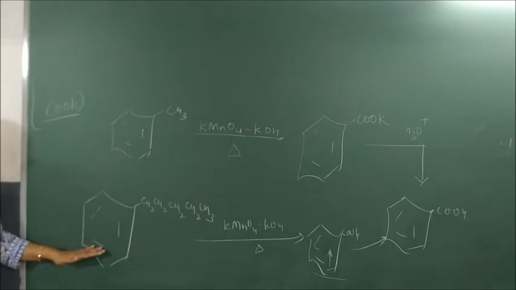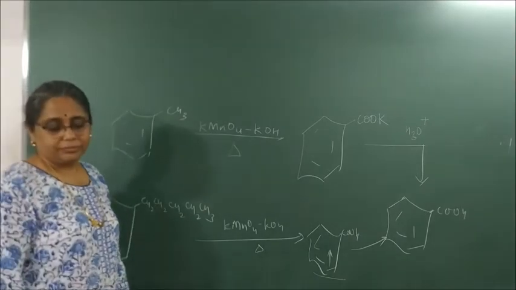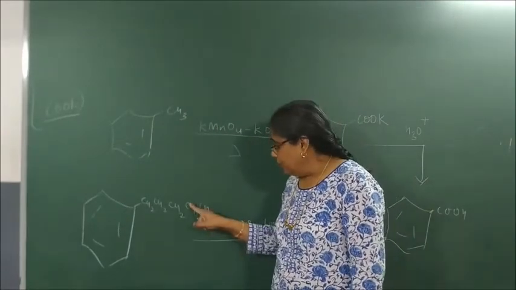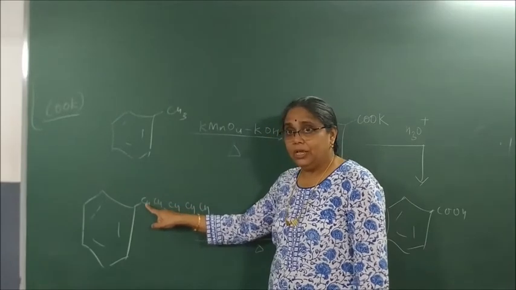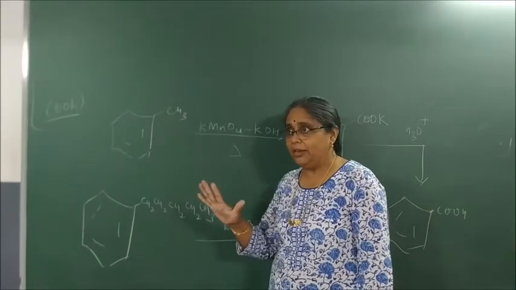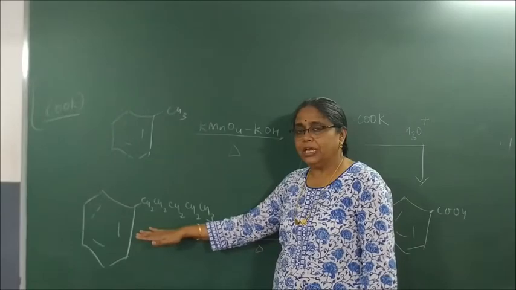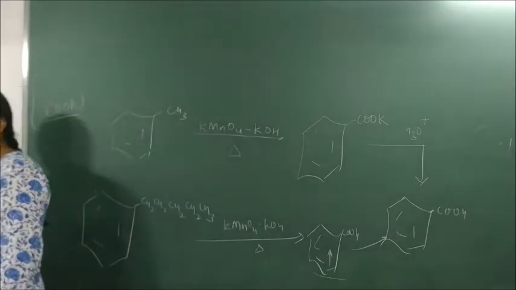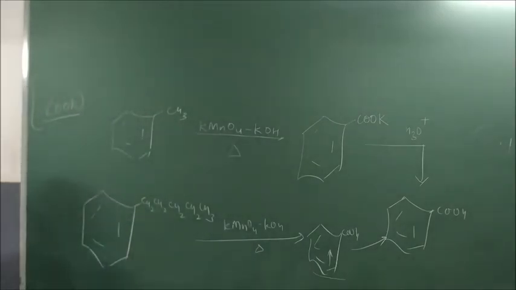Now write the second equation. I have taken this compound, with carbons numbered 1, 2, 3, 4, 5. What will this be called? 5-phenyl, total number of carbon atoms is 5, so pentane. Is the compound called 5-phenyl pentane or 1-phenyl pentane?